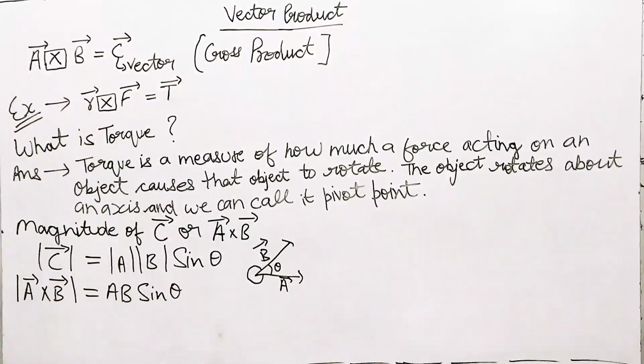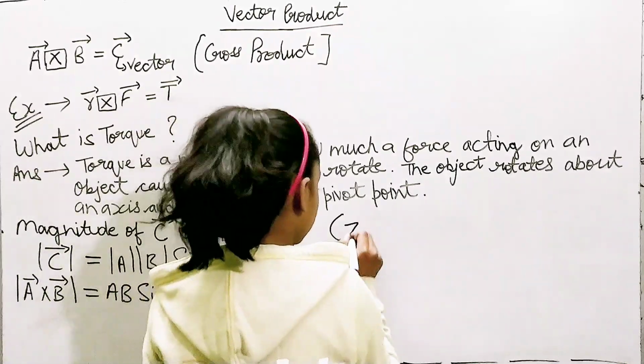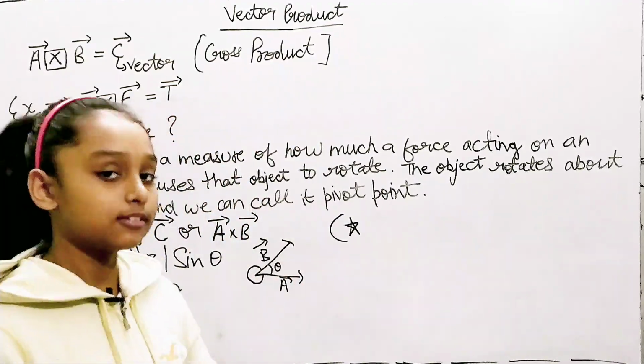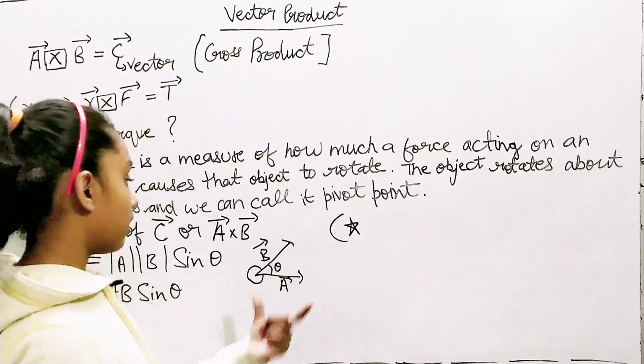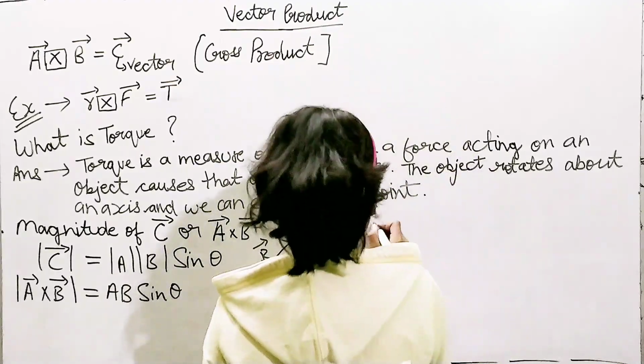Got it? And I'm going to tell you something really important. What is theta in vector product? I'm not asking you for the value of theta, I'm asking what theta is.